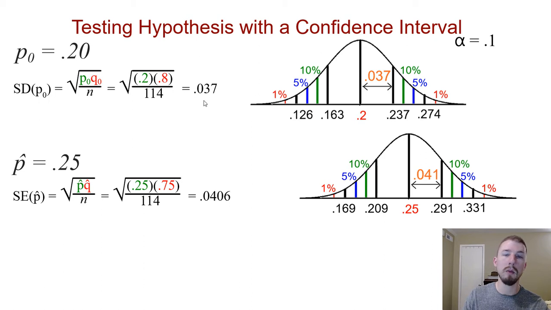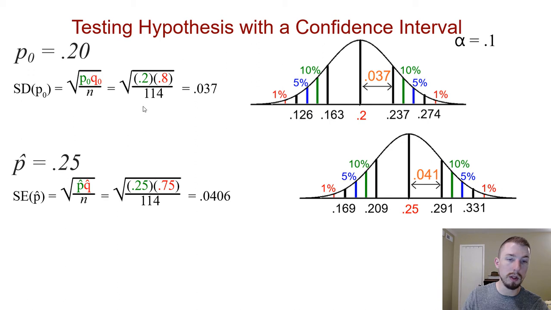Now what's different is if we are basing it off of a confidence interval. Remember, confidence intervals are trying to guess the true proportion, so we're not assuming the true proportion is 20%, we're trying to estimate it. So we center it about our sample proportion, which is 25%, or 24.6. And so we're using p hat and q hat, so we have 25 and 75.